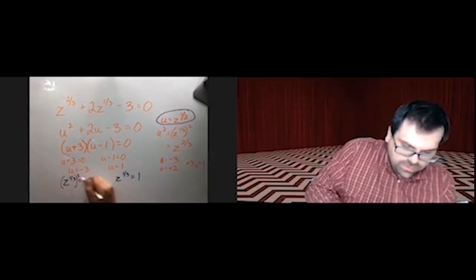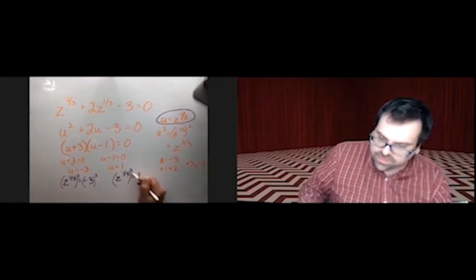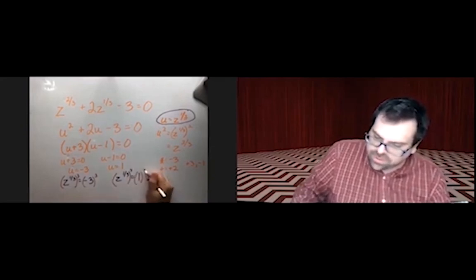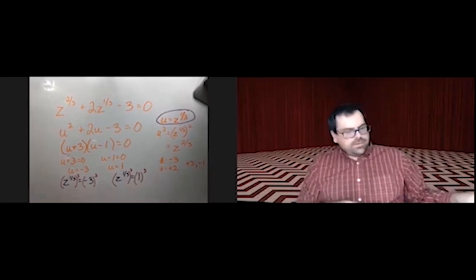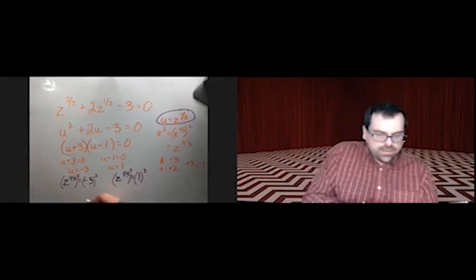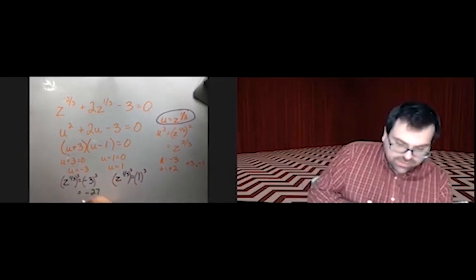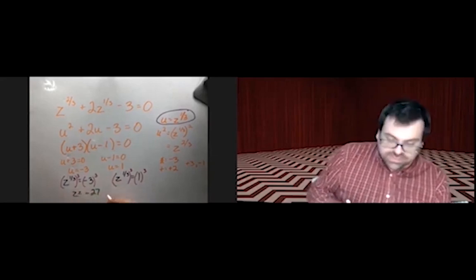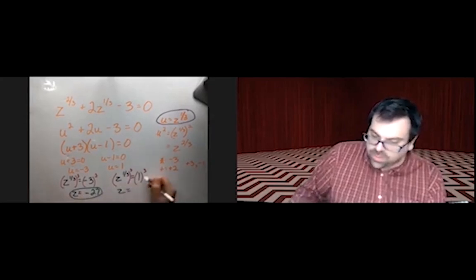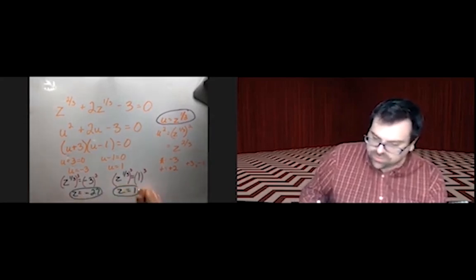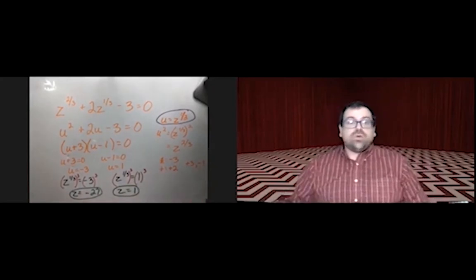Cube both sides, because cubing the 1/3 power cancels them out. 3/3 is 1. -3 to the 3rd is -27, so z is -27. 1 to the 3rd is 1, so z is 1. -27 and 1 would be the answers.